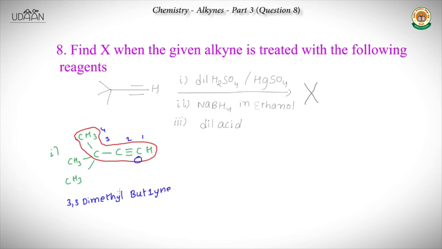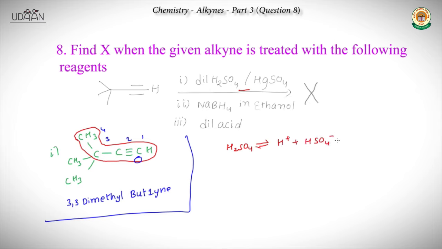Now let's get back to the question. In the first part, you are given dilute H2SO4 and HgSO4. You know that H2SO4 is an acid, so H2SO4 gets dissociated to H plus and HSO4 minus.